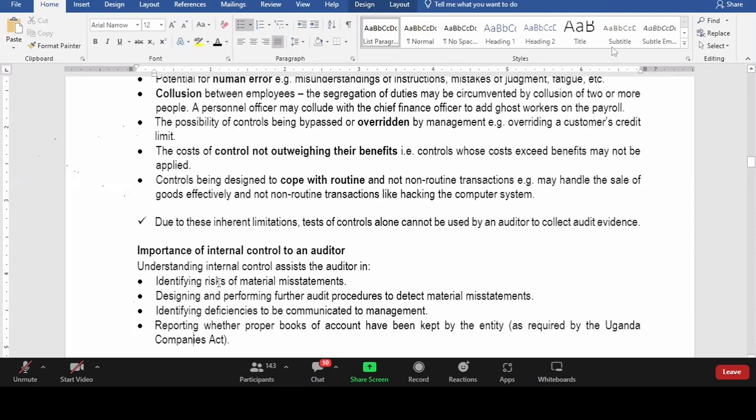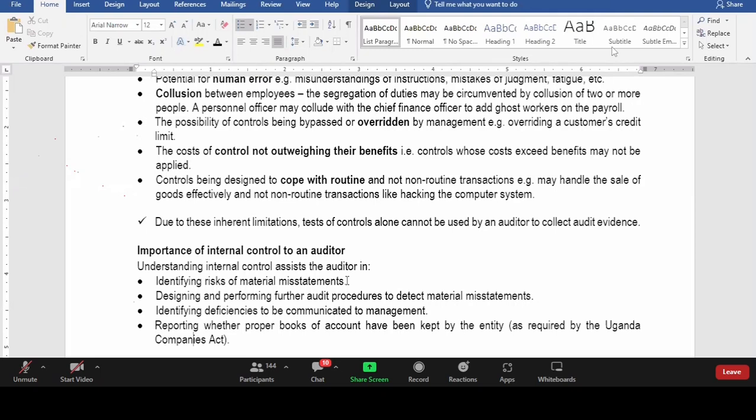You cannot audit unless you have looked at the internal control of the client. Understanding internal control helps the auditor in identifying risks of material misstatements. You remember at top 3? Yeah, you cannot audit unless you have assessed risks. It helps in designing and performing audit procedures to detect material misstatements.